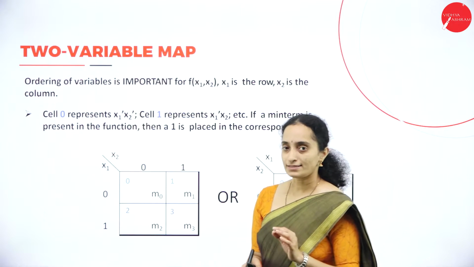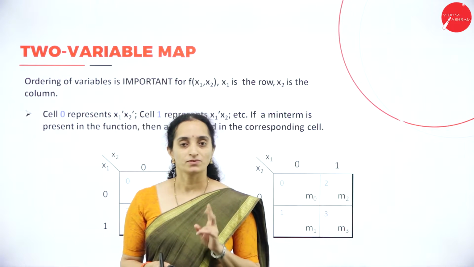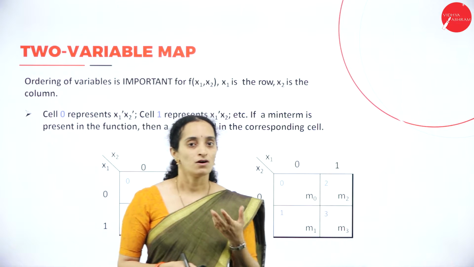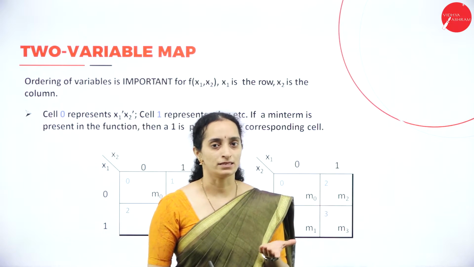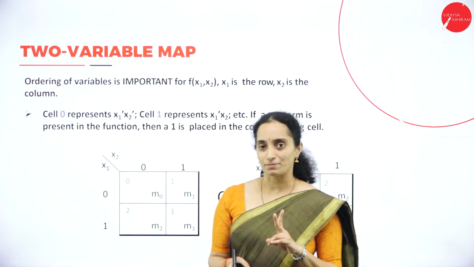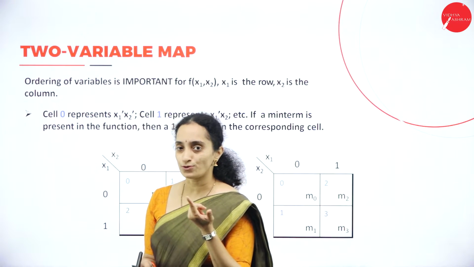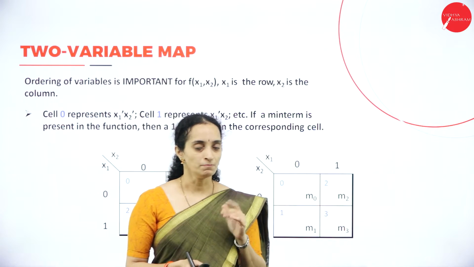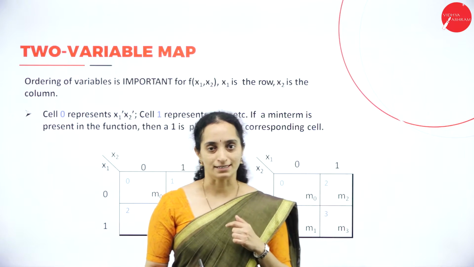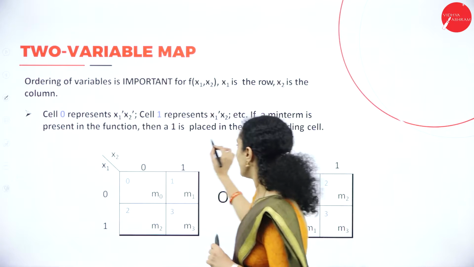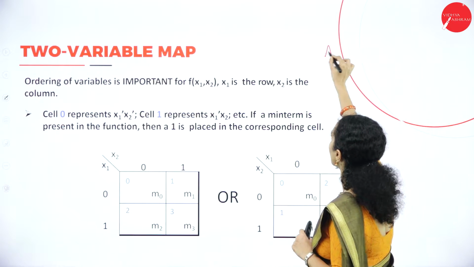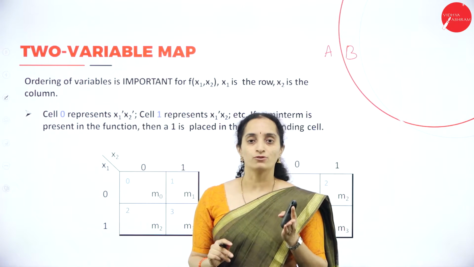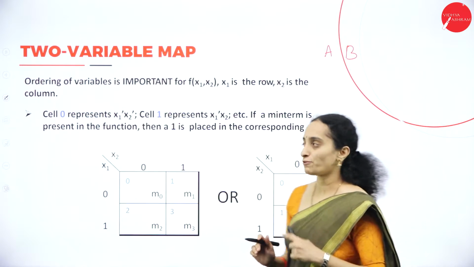Alright. Next is two variables. You can use two variables like x and y, or a and b, or p and q, anything. When you have two variables, you can have 2 to the power of 2, 4 different permutations of the values, isn't it? Suppose you have a and b, you can have one value for a and another value for b.